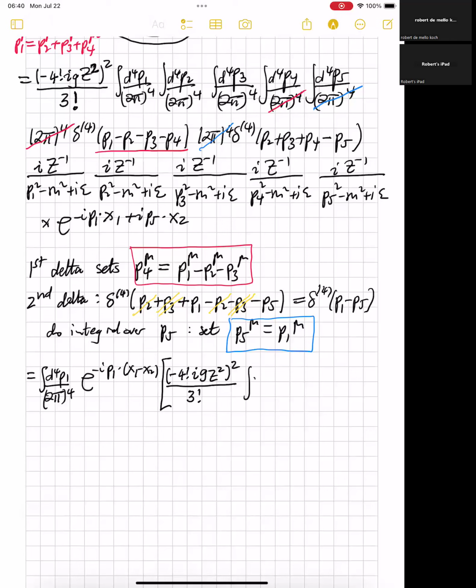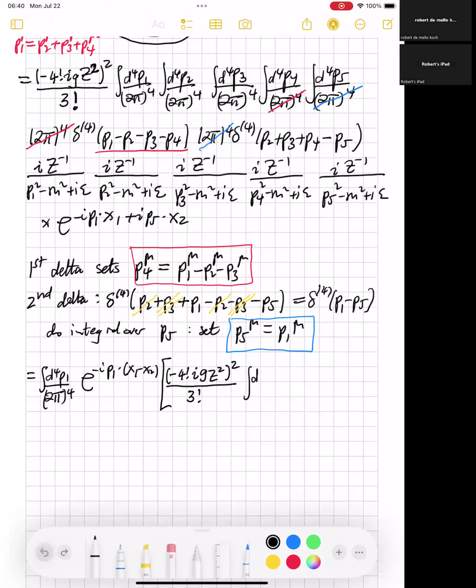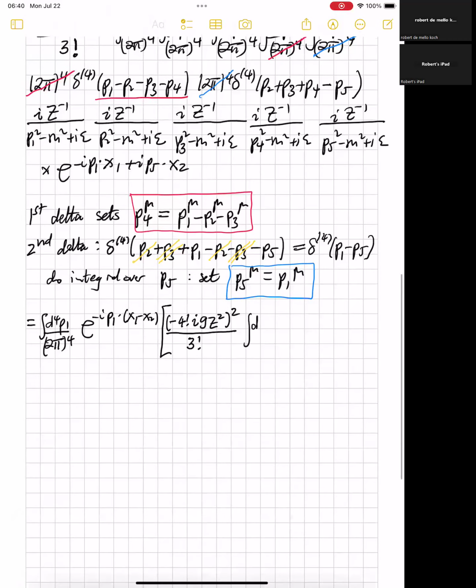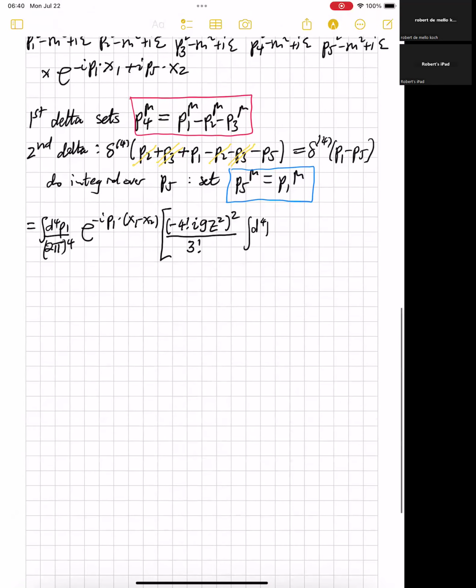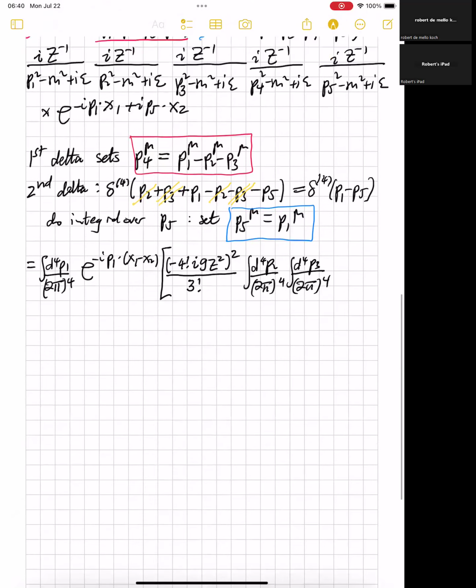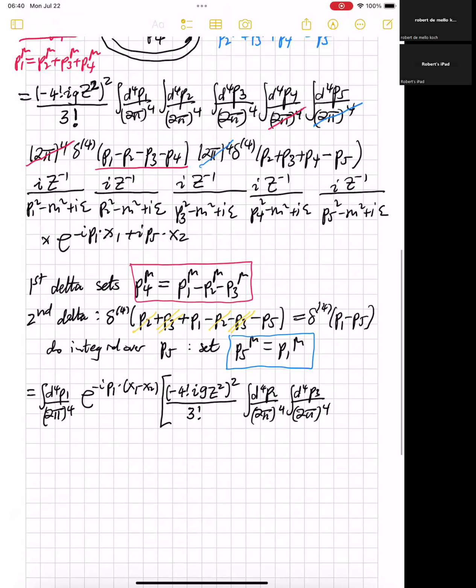Then we still have the integral over p2, so there'll be a d^4p2 over (2π)^4. And we've also got an integral over p3, so d^4p3 over (2π)^4. We don't have the integral over p4 and p5 because we've used the delta function to do those.